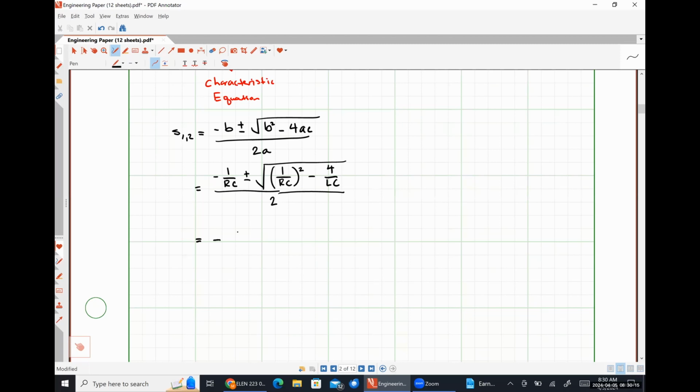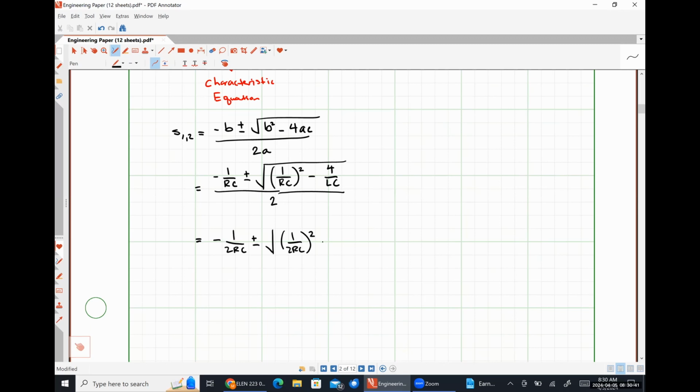So that's going to look like negative 1 over twice RC plus or minus the square root of. So when I move that 2 inside of the square root sign, it's going to look like a factor of 1/4, right? Well, I'm going to distribute that 1/4 among things. So I'm going to have 1 over twice RC here.